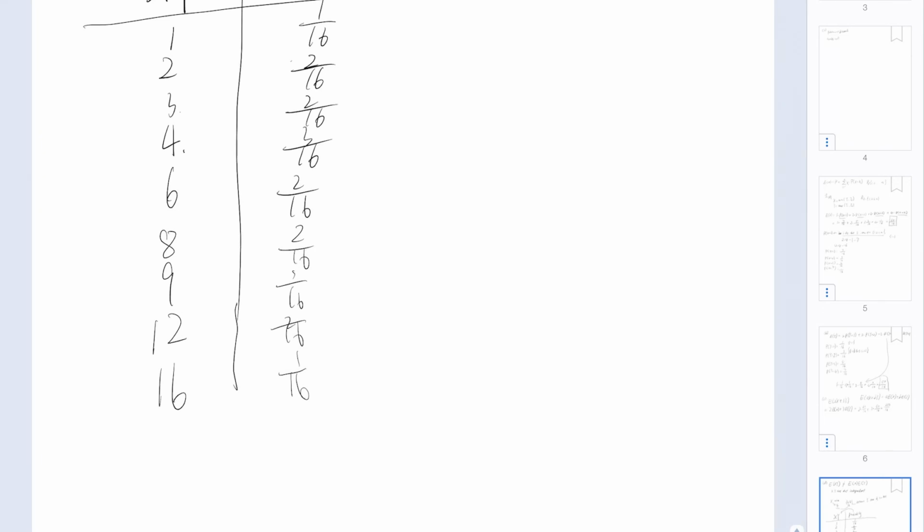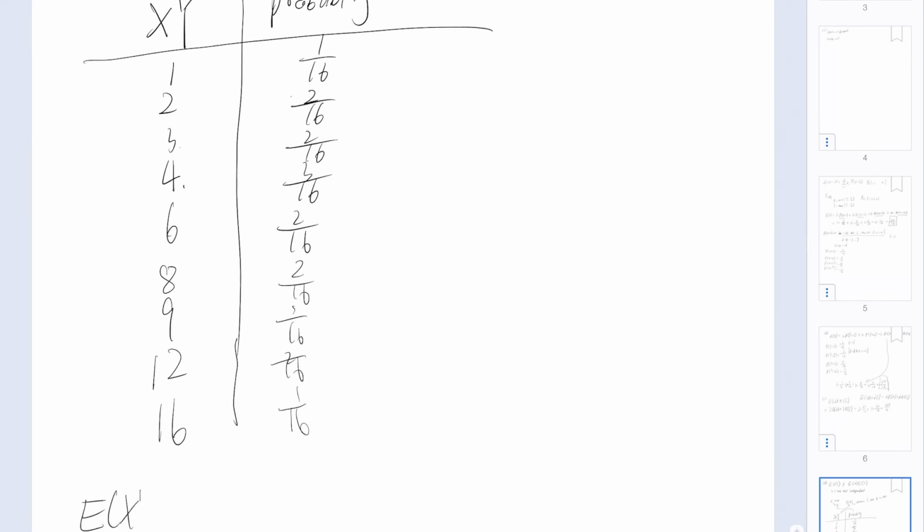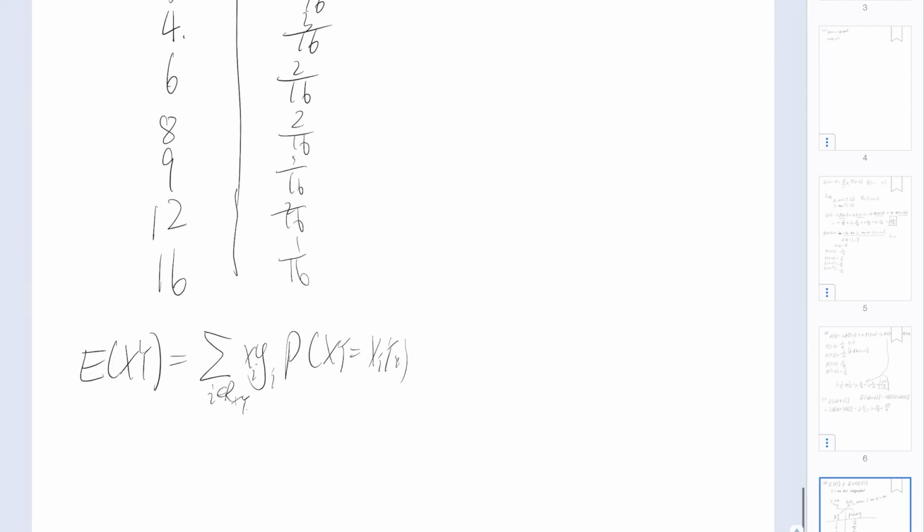So all we need to do here is multiply each value with its probability, because remember, the expected value of xy is just the summation of xi times the probability of xy equal to xi, for i in the range of xy. So you can also treat z equal to xy and plug in the definition of z. So if we do the summation in this table, at last we will get the result of 100/16.